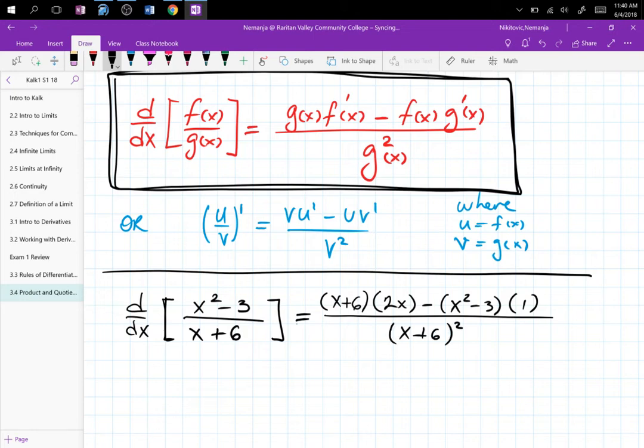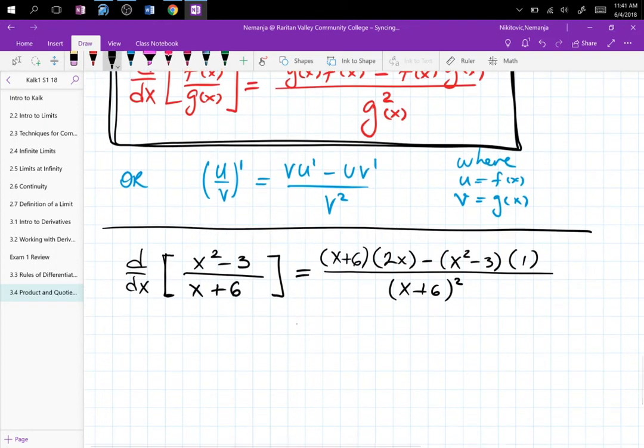We will never expand the denominator. We always leave it that way, because even when you set it equal to 0 in chapter 4, that 0 will just kill it when you cross multiply. So there is no need to ever expand and work with the denominator. Just leave it as is and focus only on working out things on top.